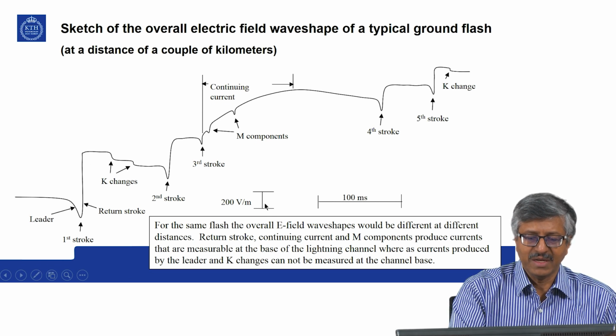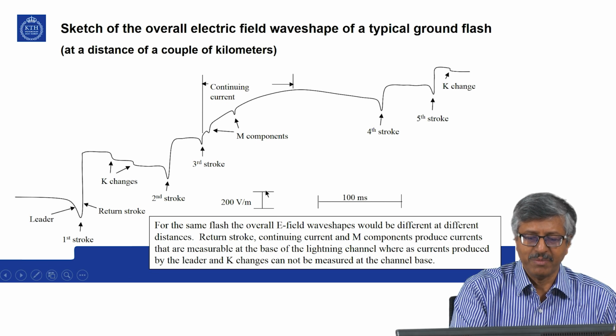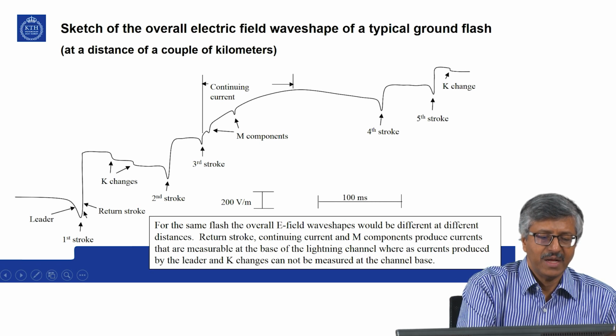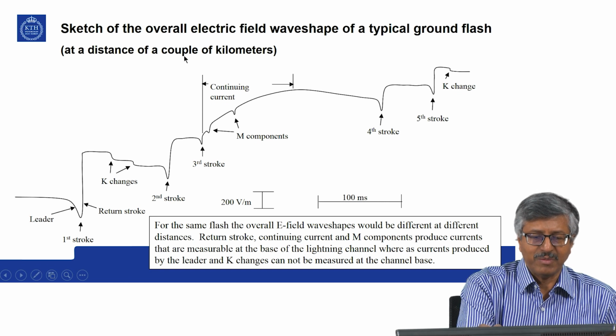The vertical scale is around 200 volts per meter if you take this much distance, and this is a couple of kilometers away from the channel.